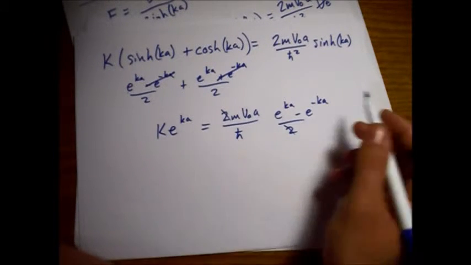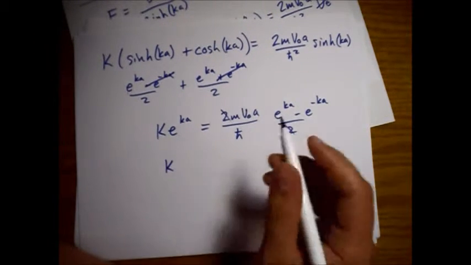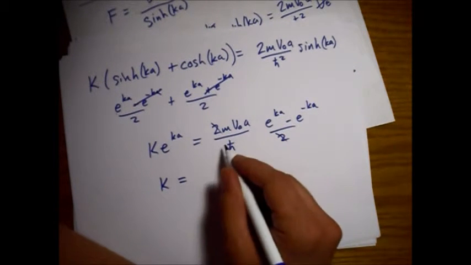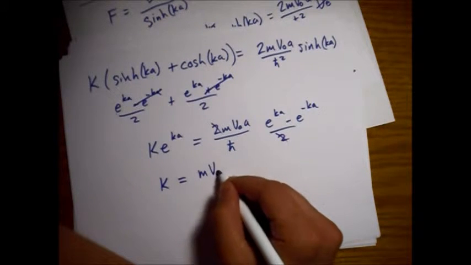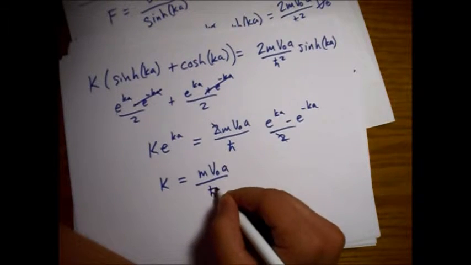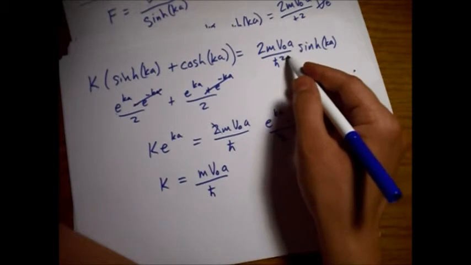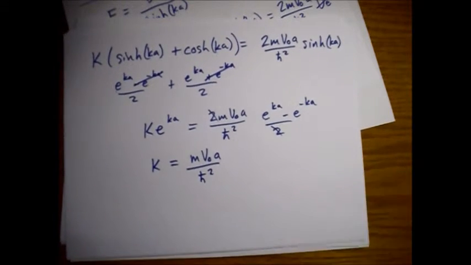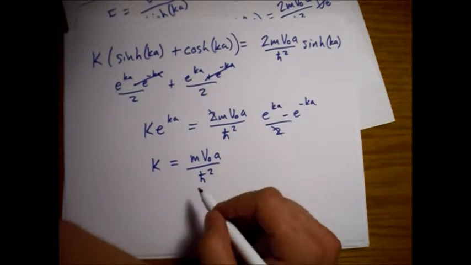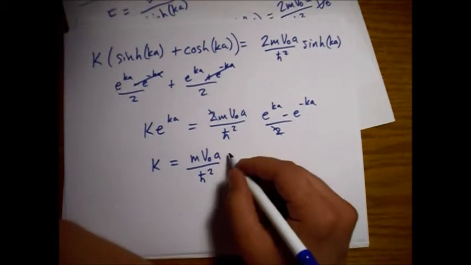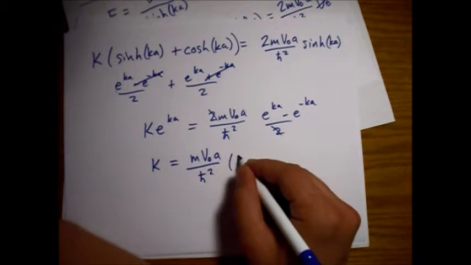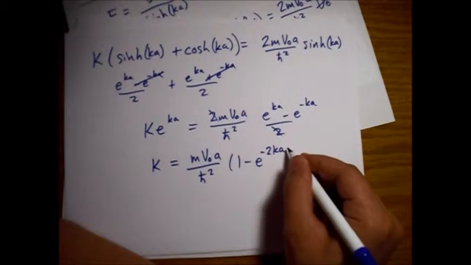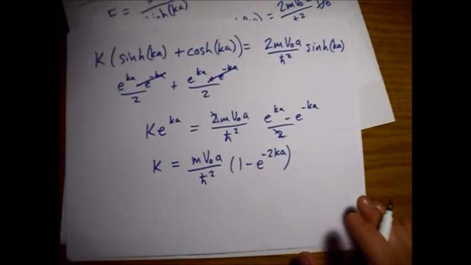Now let's just divide both sides by, we're almost there, here's our k, right? So m V naught a over h bar, oh, I left out, okay, this needs to be an h bar squared. Count myself lucky, I caught it fairly soon. See if anything else is wrong, who knows. All right, so here we go.